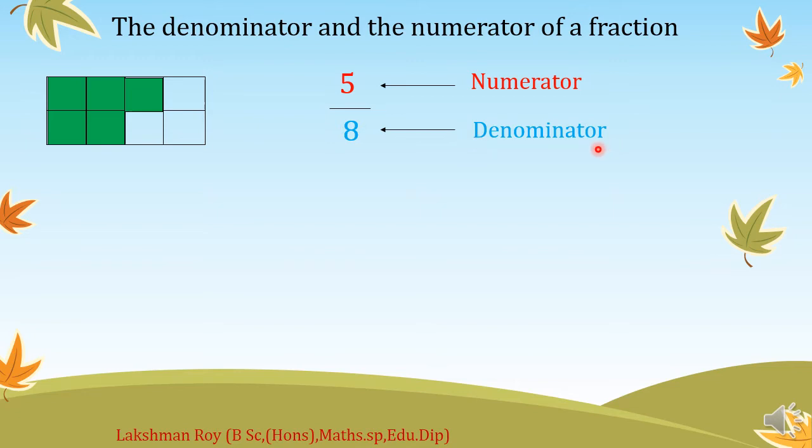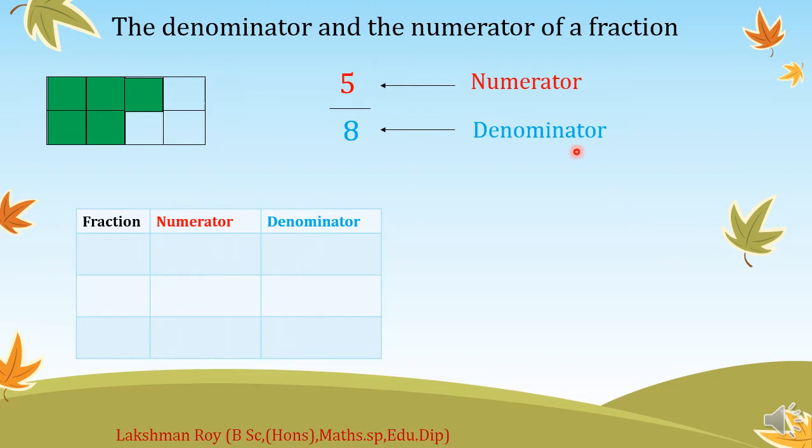So let's see another examples, right? In this table you can see I am going to write the fraction, what is the numerator, and also what is the denominator. This is my first fraction, 3/4. This is my second fraction, 1/6. This is my third fraction, 5/9. Now I am going to write what is the numerator and denominator. First fraction, 3/4. What is the number above the line? 3.